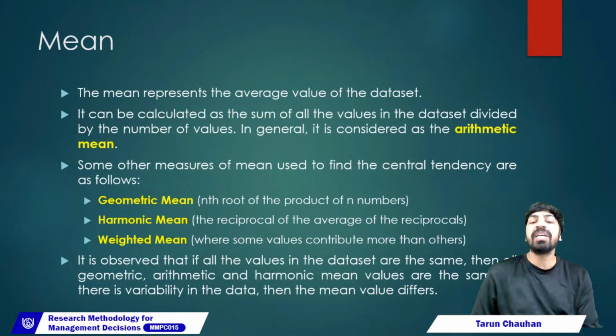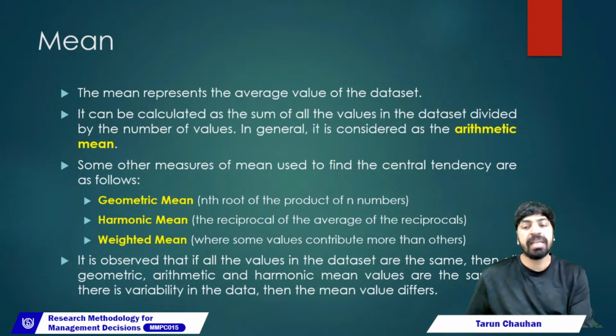Harmonic mean is the reciprocal of the average of the reciprocals, which can be explained in detail in the upcoming slides. Weighted mean: of course, some values always contribute more than other values in a particular data set.